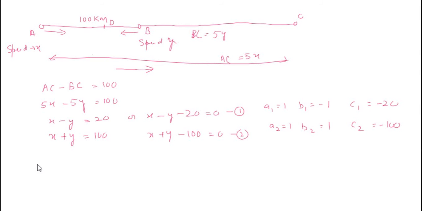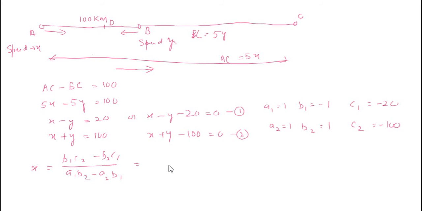So x equal to b1 c2 minus b2 c1 divided by a1 b2 minus a2 b1.